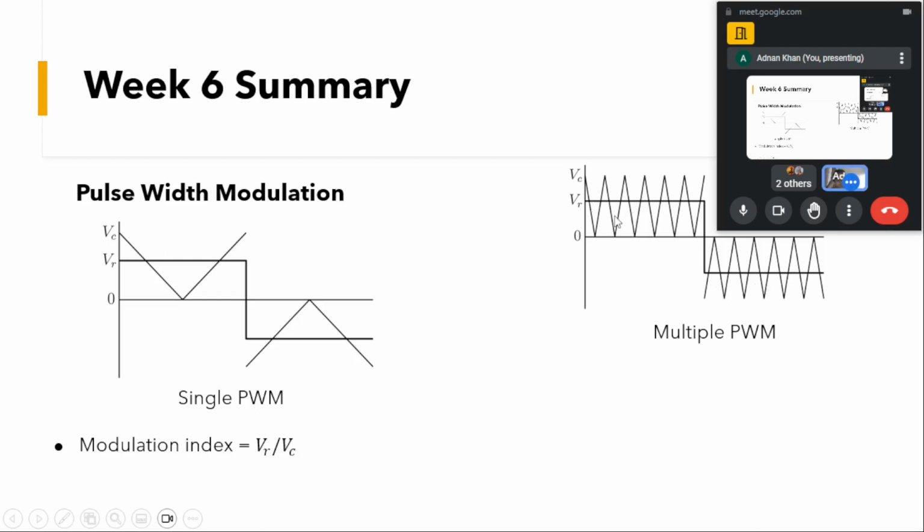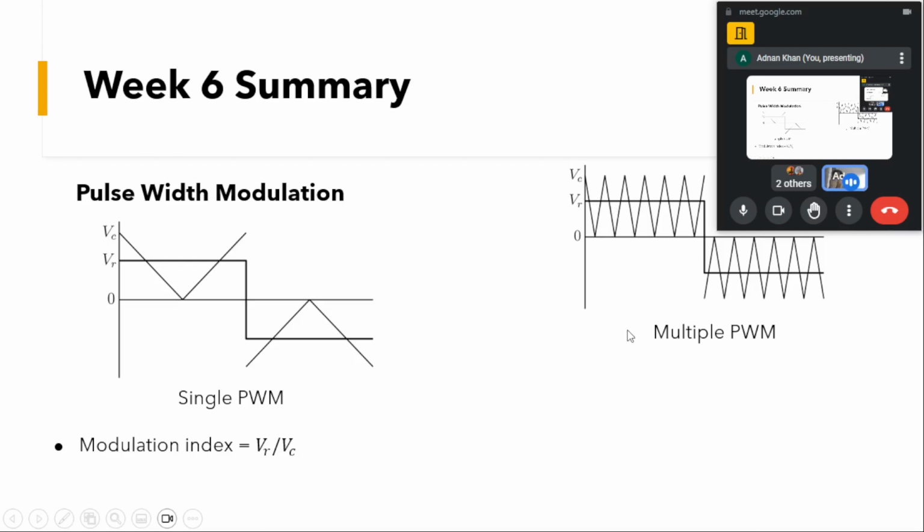Here this will be a sort of unipolar PWM. This is when we get a voltage waveform with a constant amplitude of VDC for a certain duration of time and 0 for another certain duration of time.